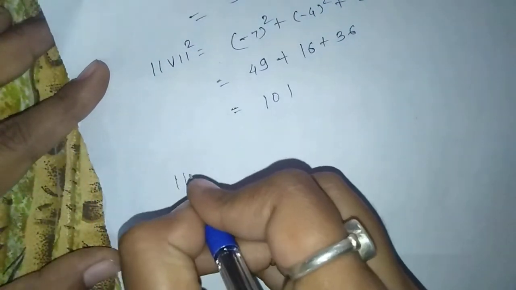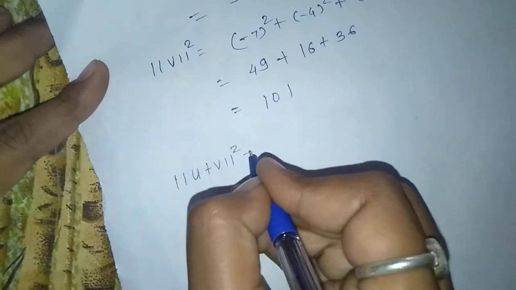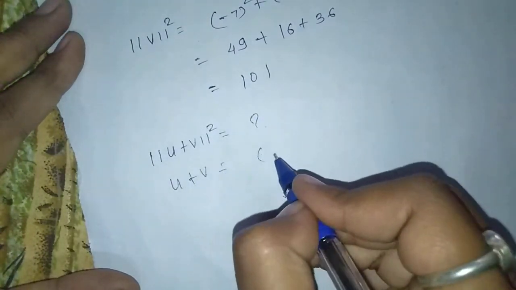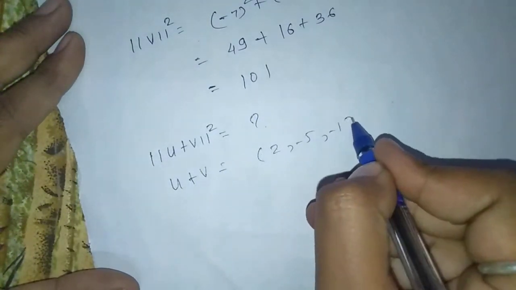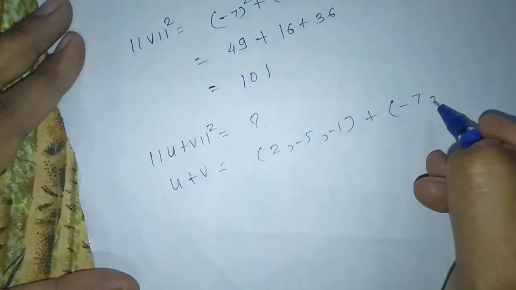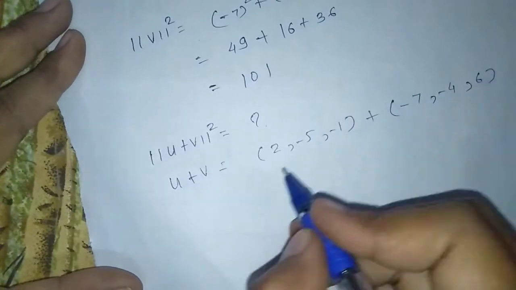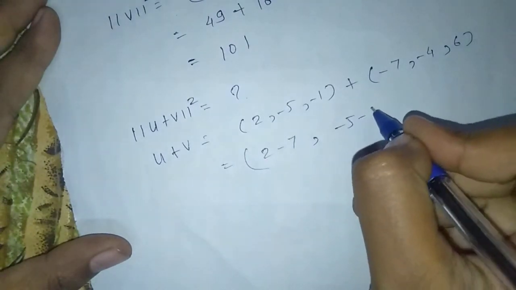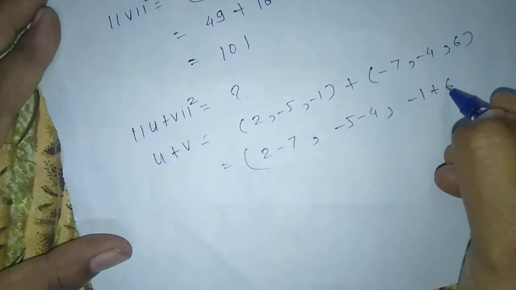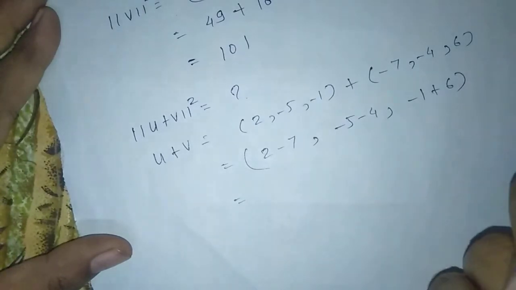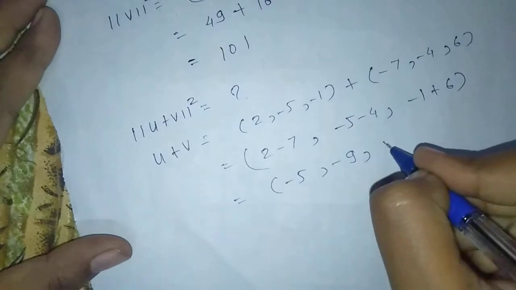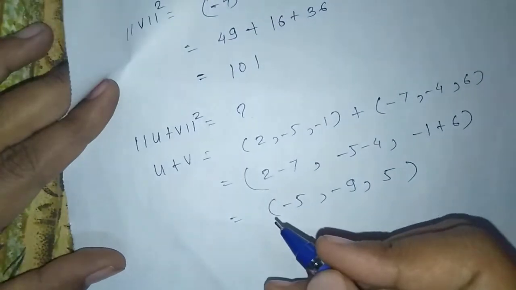Now for norm of u plus v squared, first of all we have to calculate u plus v. u is (2, -5, -1) plus v is (-7, -4, 6), which is (2-7, -5-4, -1+6), equal to (-5, -9, 5).